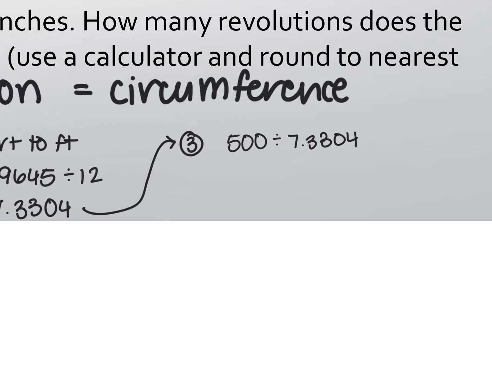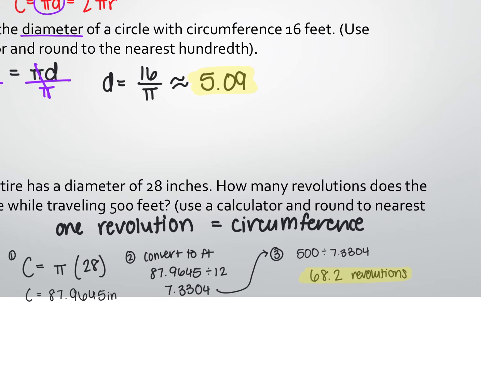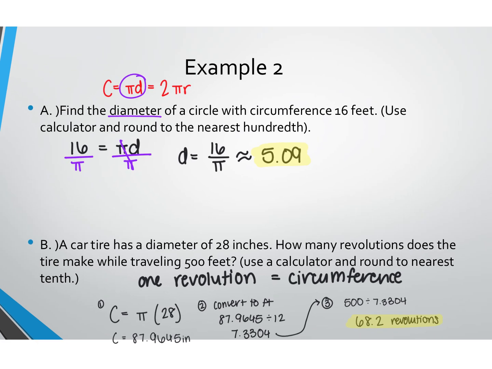How many revolutions? Good, 68.2. 68.2 revolutions. Okay, any questions on these two?